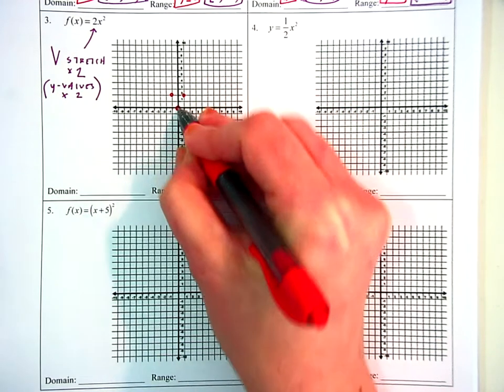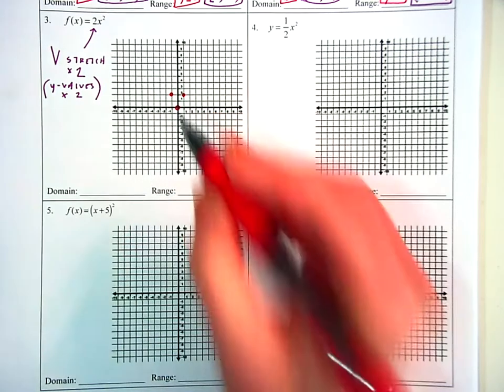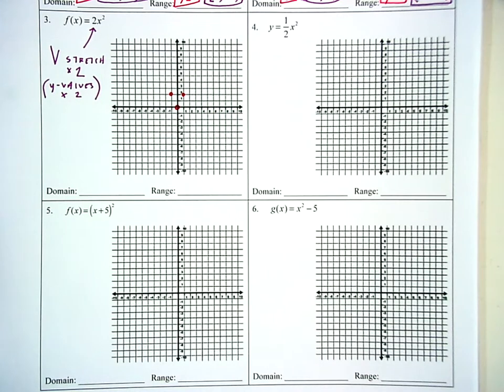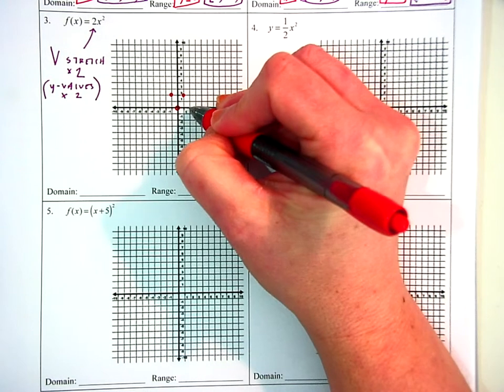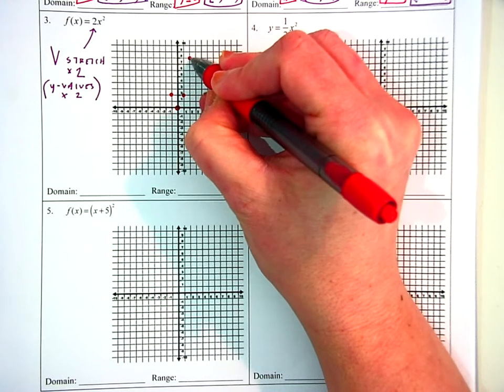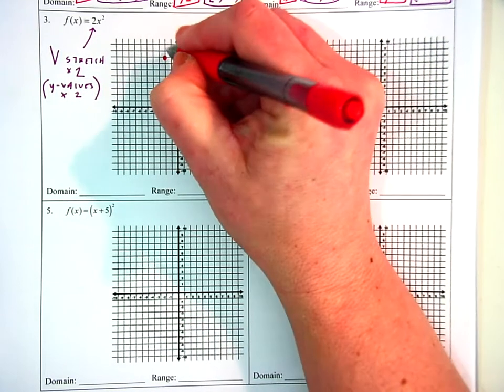Back to the origin where my vertex is. So now I would go over 2. Usually we go over 2 and up 4, but we're not going to go up 4. We need to double it. So 2 times 4 would get us 8. So I'm going to go over 2 and up 8. And same over here. And then I can connect my dots.